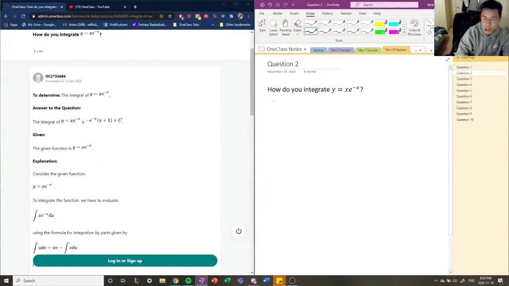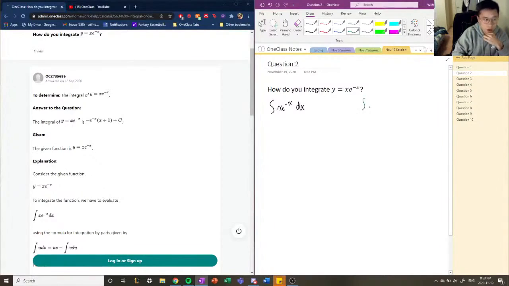So we're integrating in terms of x here, so we're going to write the integral sign of x e to the power of negative x dx, okay? So the integration by parts formula suggests that we take two separate substitution variables, and those two variables can be expressed as the integral in this way.